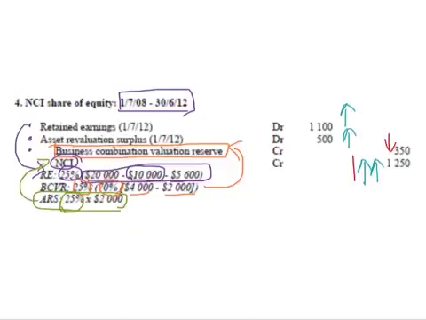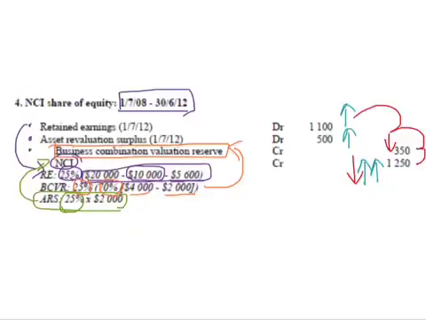So the effect of that is a decrease in the NCI. So now you can start to see that the NCI, after you've calculated the basic NCI on acquisition date, the balance of the NCI will just move along with any changes in equity from a group perspective.